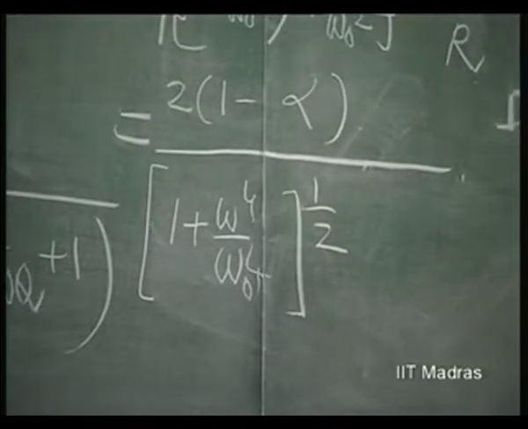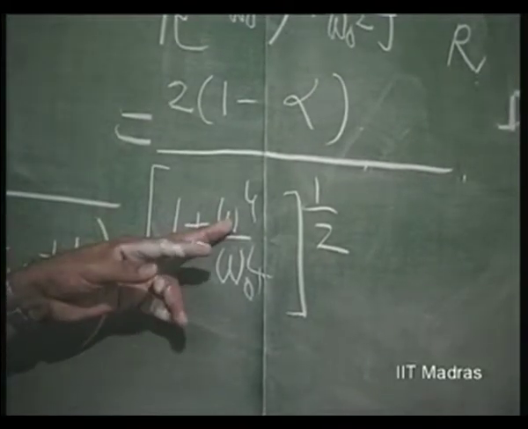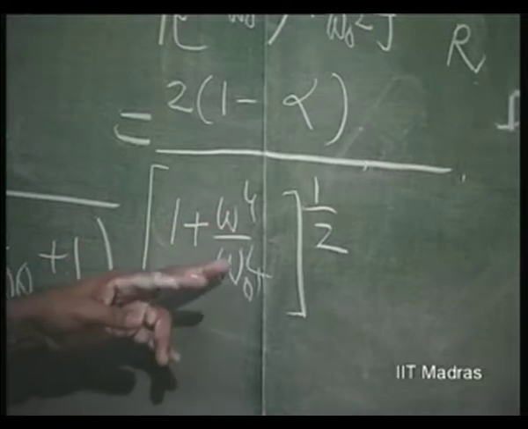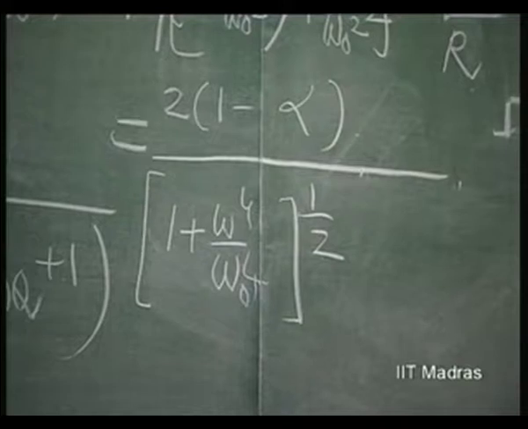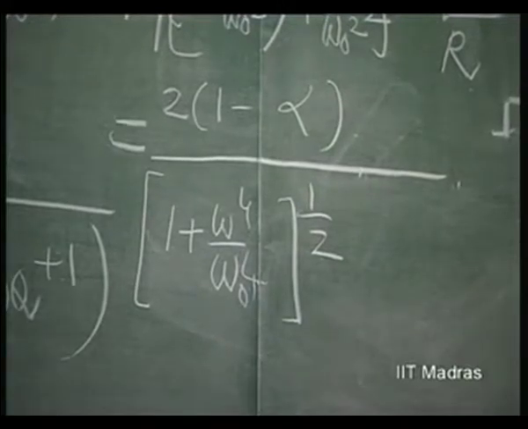So, you can see that the bandwidth corresponds to omega equal to omega naught, right, and it is going to be 1 over root 2, right, that is the factor.